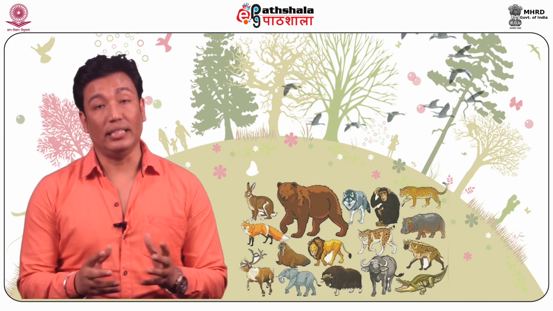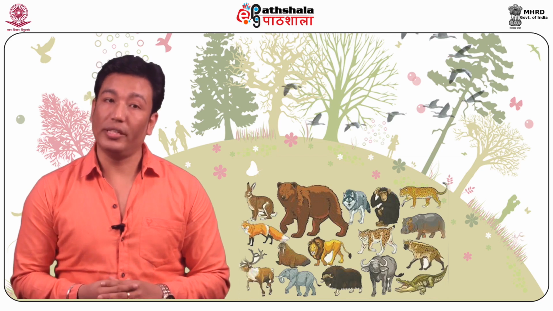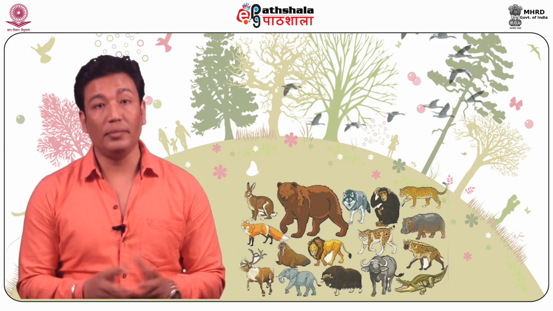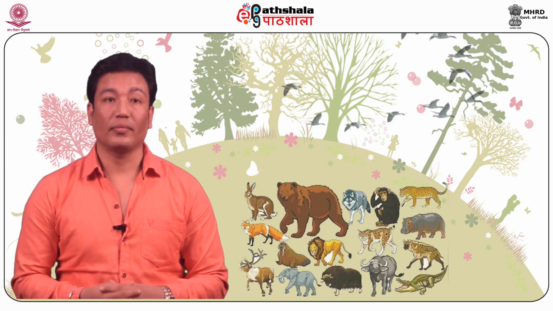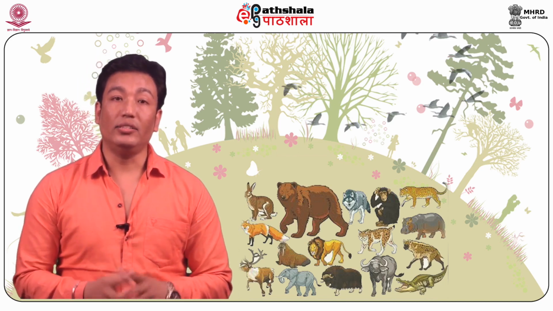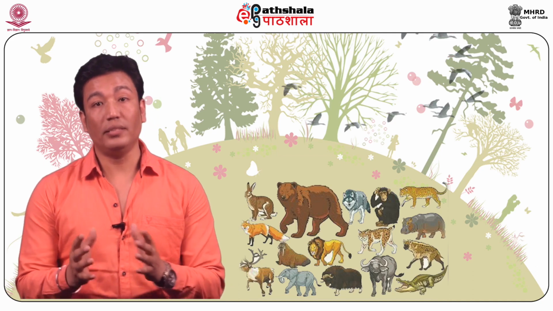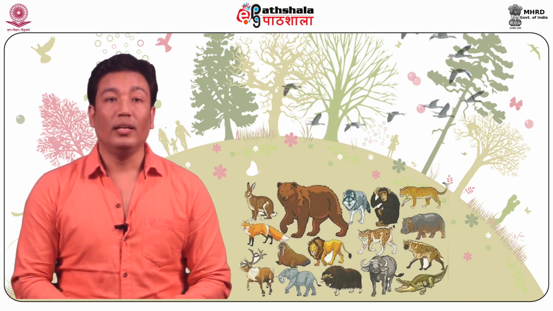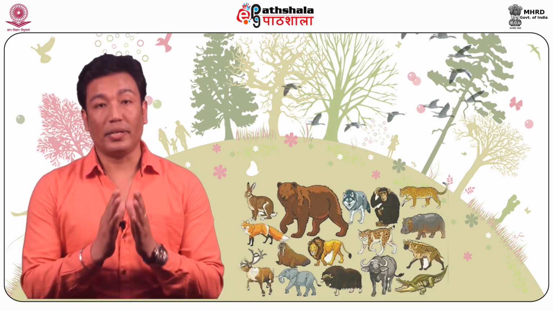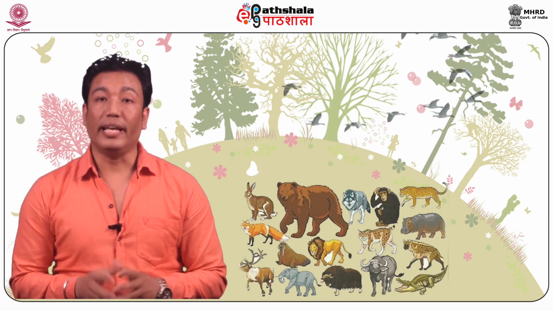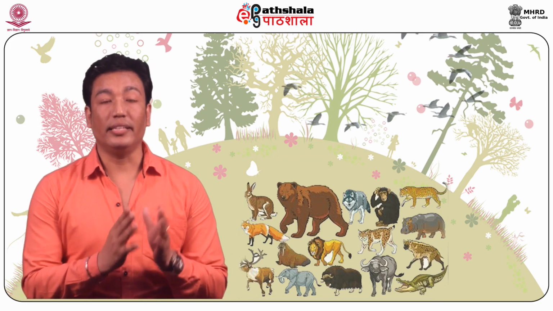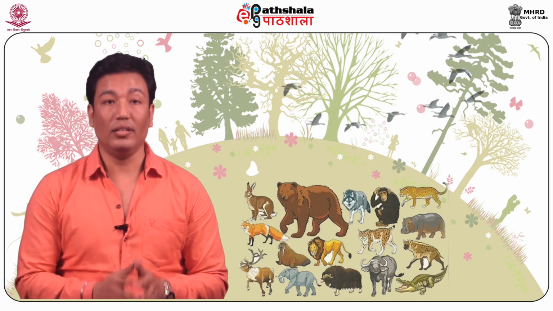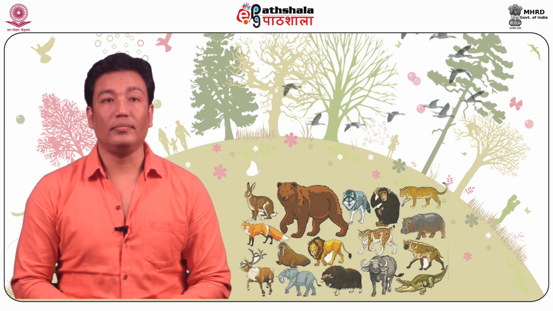To detect and understand the causes of formation of large patterns in groups of species, a community-based approach is employed. In 1988, Norman Myers, a British biologist, coined the term biodiversity hotspot. It is an irreplaceable biogeographic area that is threatened with destruction and acts as a significant reservoir of biodiversity.